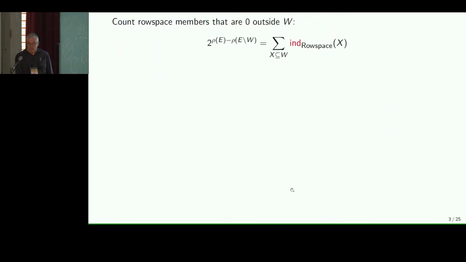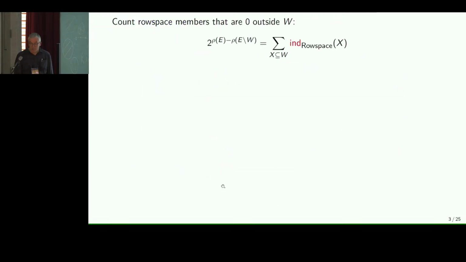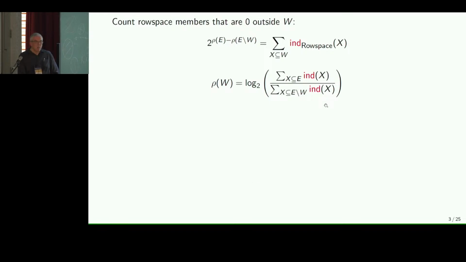But if we imagine an indicator function of the row space, and we simply add up all its values over subsets of W, then that's another way of counting the size of the subspace of the row space whose members are 0 outside W. So we get this equation, and I'll put it high up again on the next slide, repeating it. If we turn that around to make the rank the subject of the equation, we get a formula for the rank in terms of the indicator function of the row space, this is what it looks like.